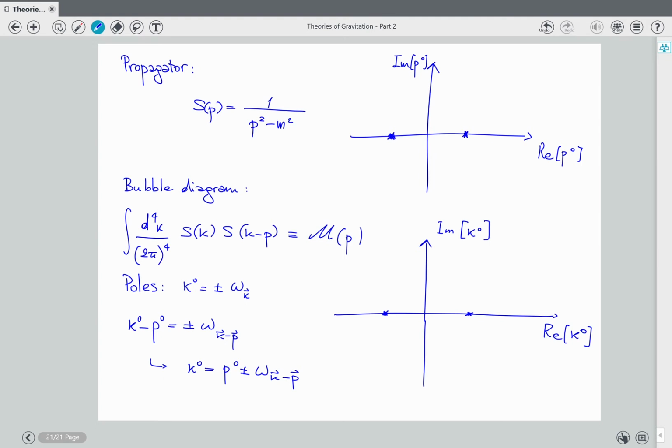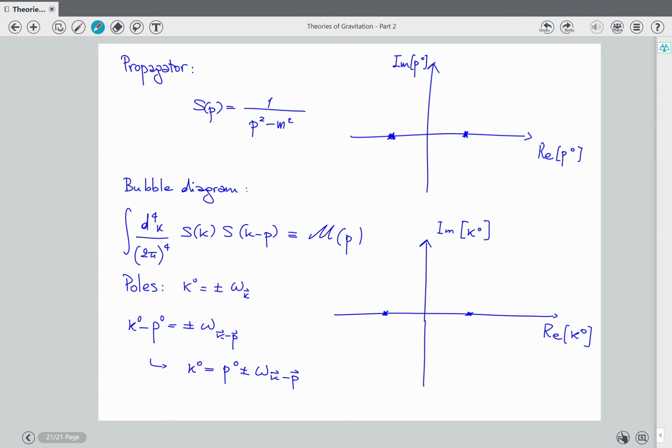For the moment, we assume that both k, space k and P are real, but P0 can be complex, so basically there are two pairs of poles that for P equals 0 they are here, but if P0 changes, they move along this, but if P0 is complex, they can migrate everywhere.